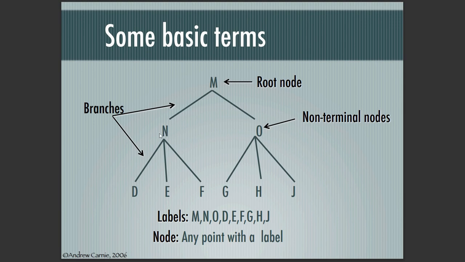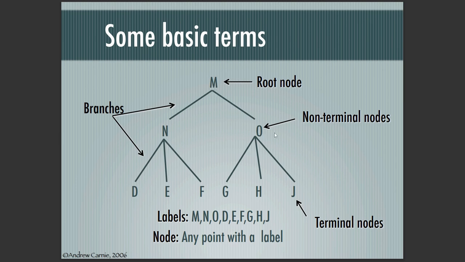We call them non-terminal nodes, and we have another term which is called terminal nodes. What is the difference between non-terminal nodes and terminal nodes? It's easy. Non-terminal nodes are nodes that have something related to them, like here, N and O are non-terminal nodes under the root node M. Whereas terminal nodes don't have any branches.